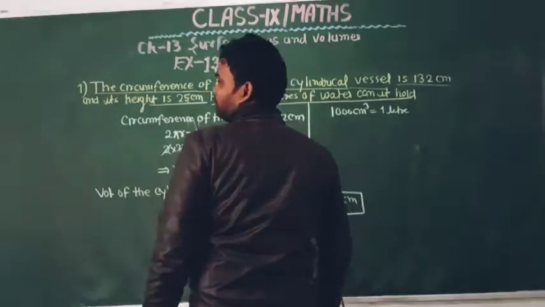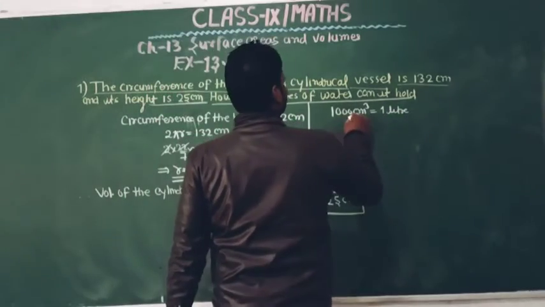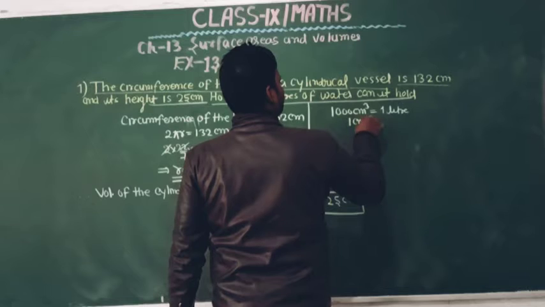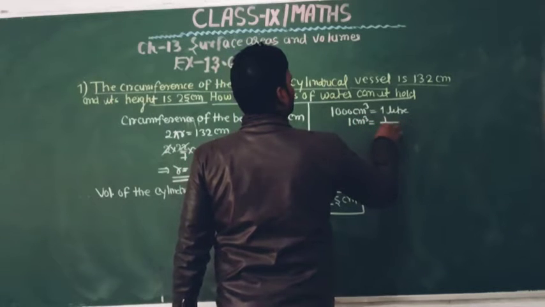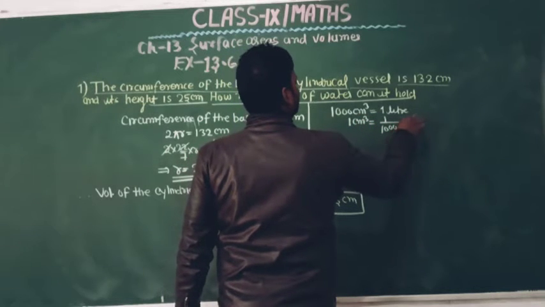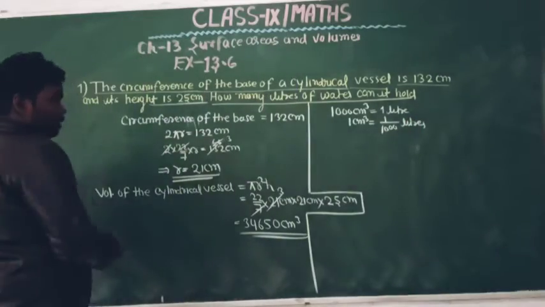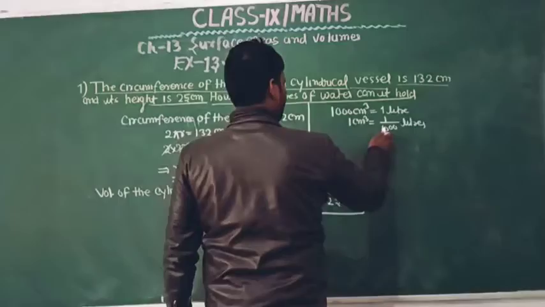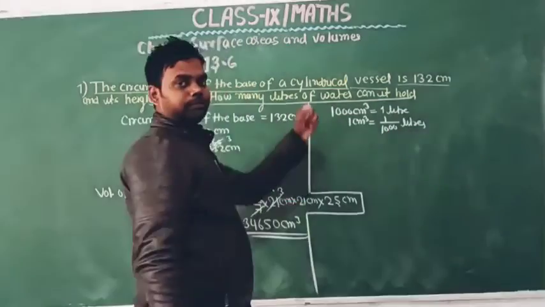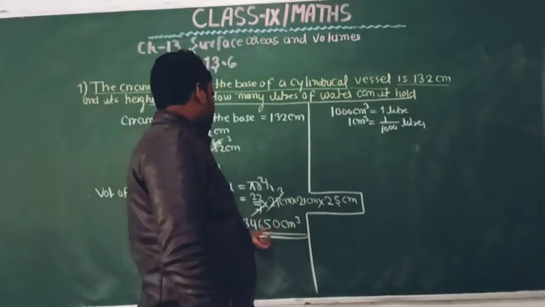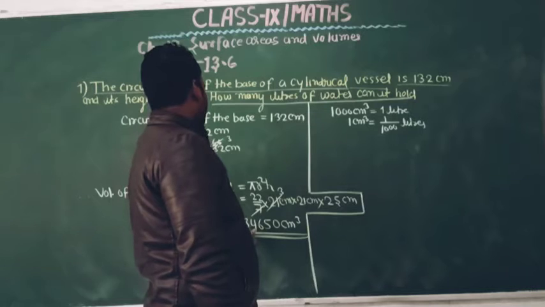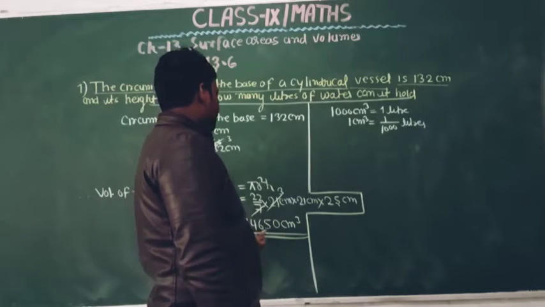Then 1 centimeter cube volume equal to 1 upon 1000 of a liter. So now using this unit, we find the total capacity of the cylindrical vessel in liters.